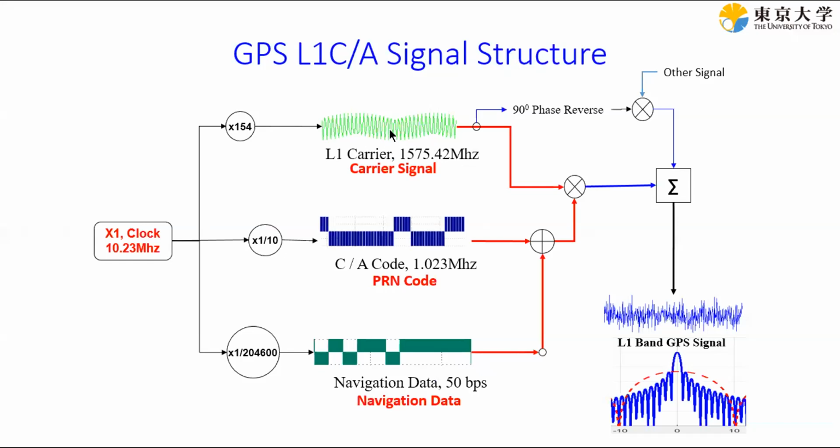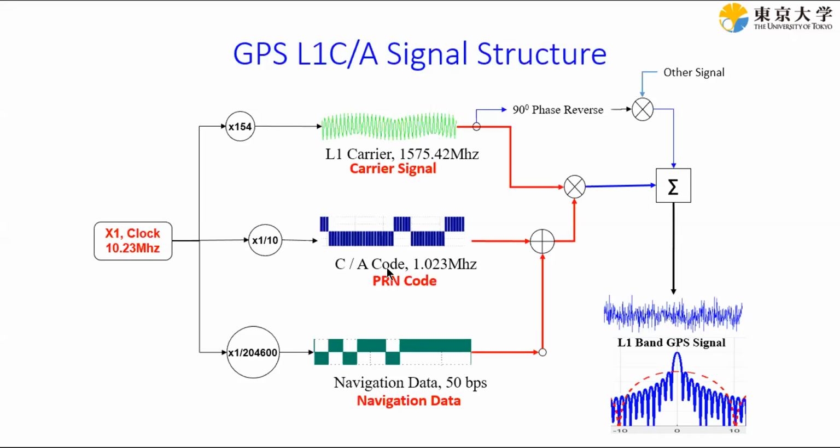You can simply generate a cosine wave or sine wave using this frequency. But when we generate mathematically, we don't use this frequency. We use some sampling frequency like 16 megahertz or 20 megahertz. And this we generate as a digital signal, and then we upconvert to RF signal at this frequency. So we generate the signal at a lower frequency, say 16 or 20 or 26 megahertz, like that.